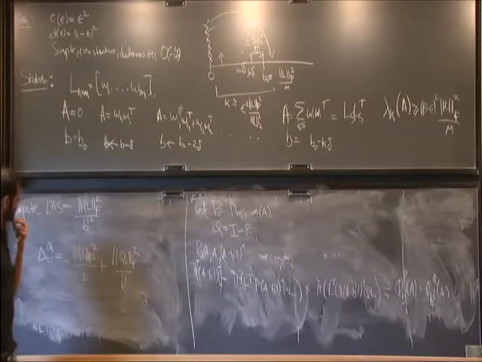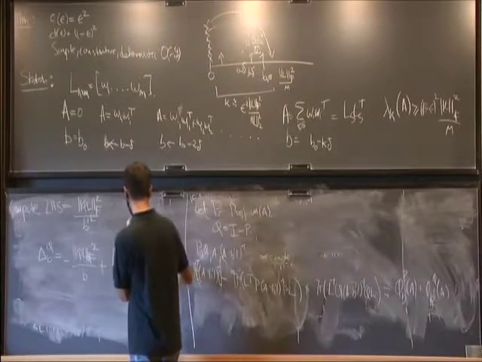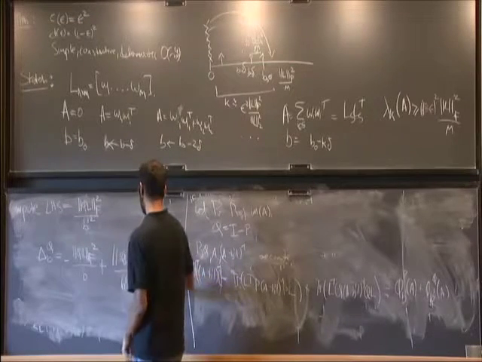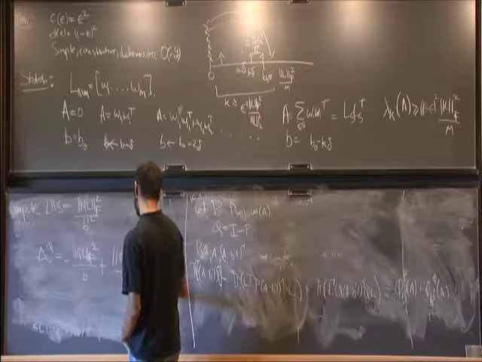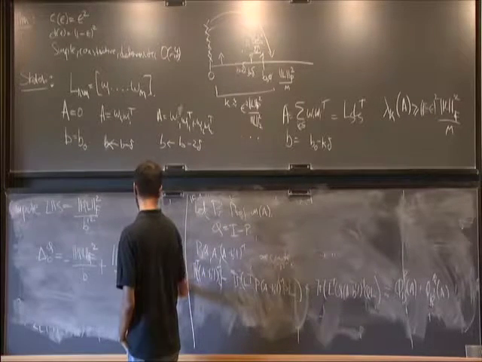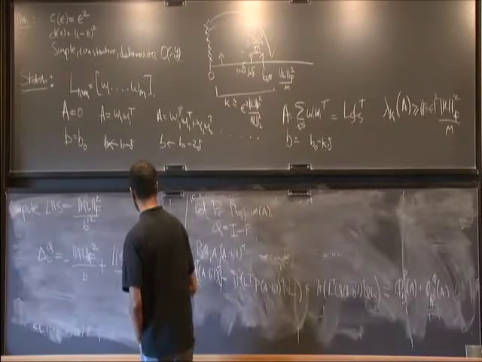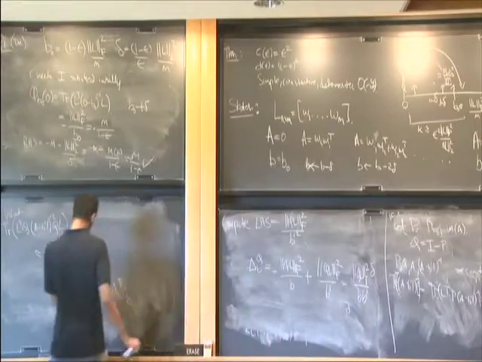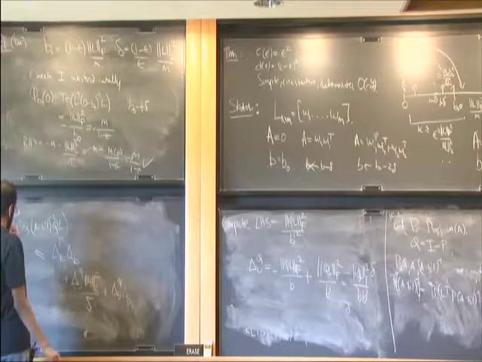Okay, so this thing is equal to, you get a delta and you get a B prime. Okay. Now what exactly am I gonna ignore here?